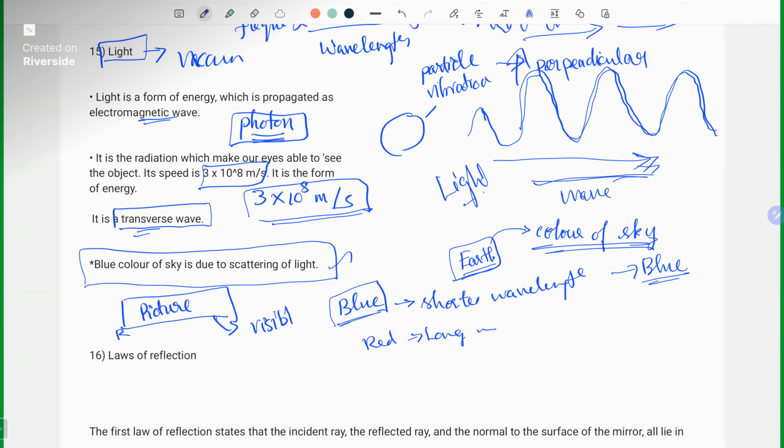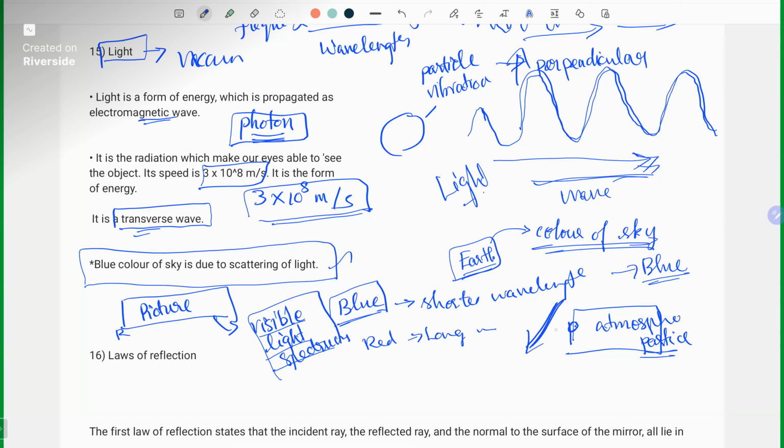Madam, then violet and indigo would have even shorter wavelength, right? See, the particles in the atmosphere will scatter all the light. When light is coming inside the Earth, we have particular particles in the atmosphere. It is not changing.